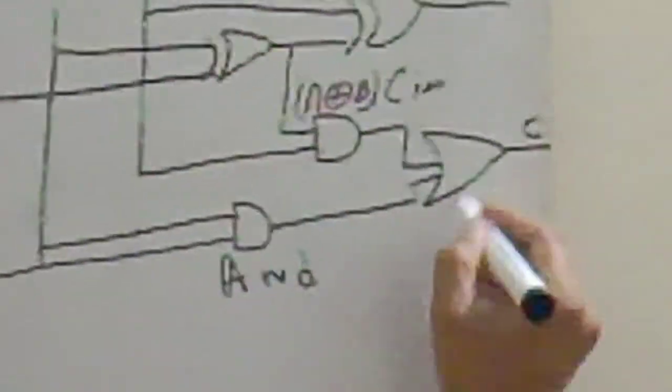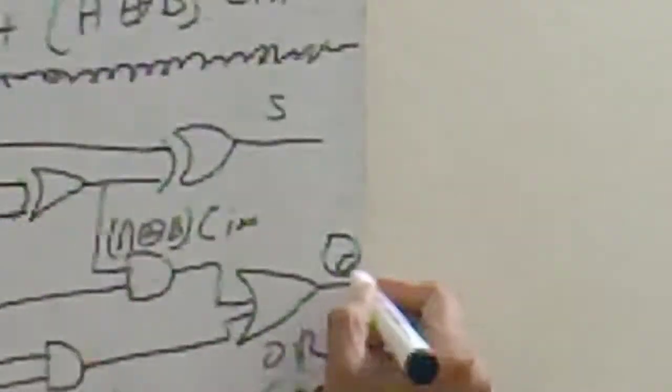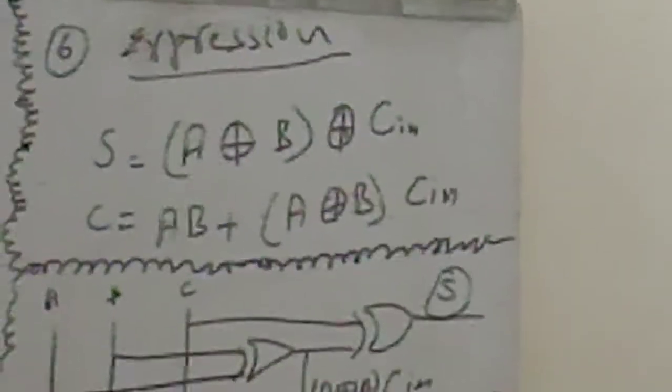Then with the help of the OR gate we have solved this bit, carry out, and this is the sum bit. This is the implementation of this expression. How we get this expression will be proved in the description part of the video.